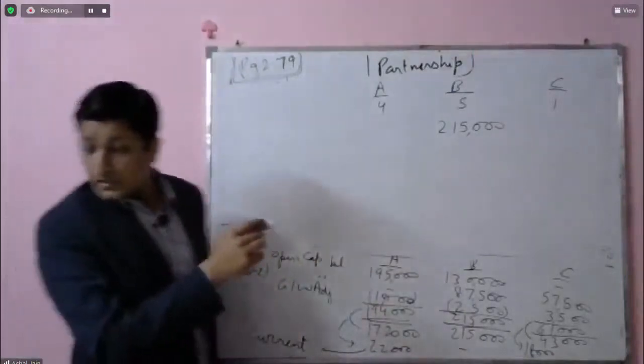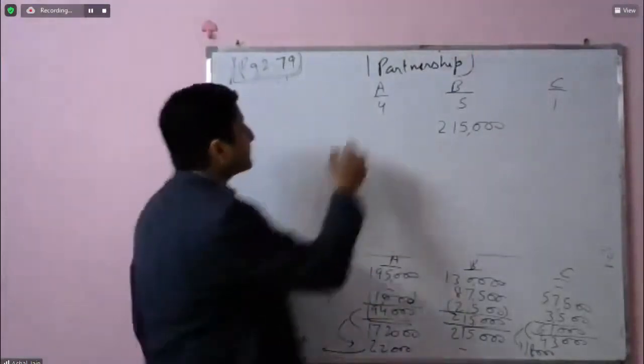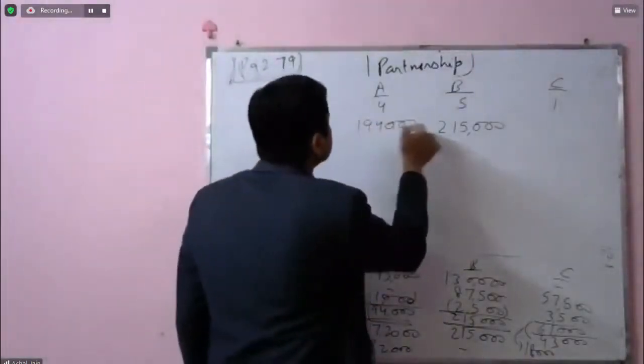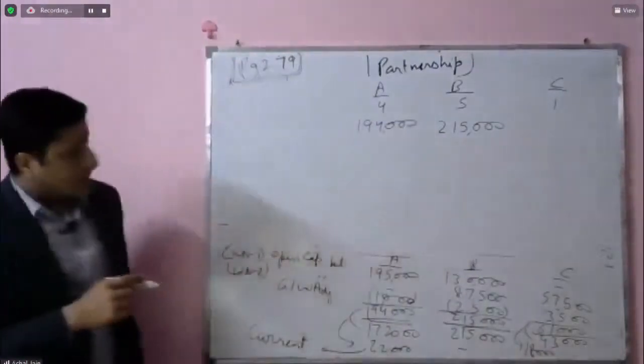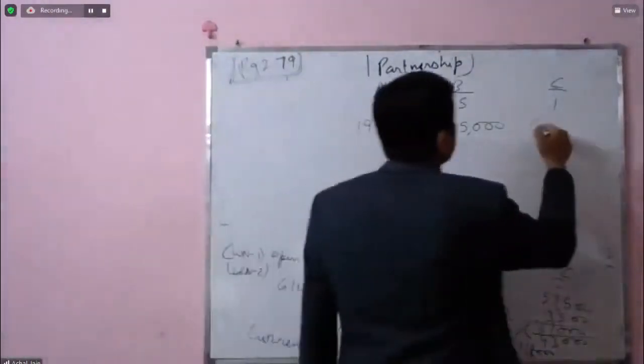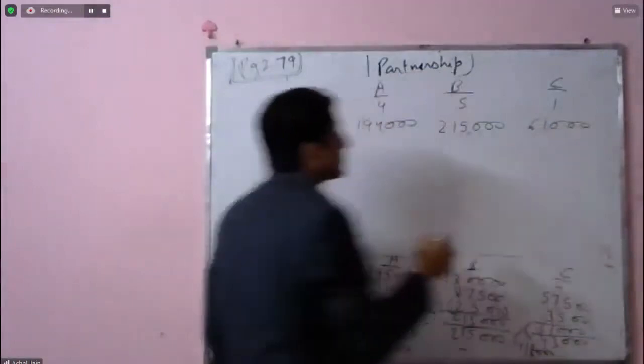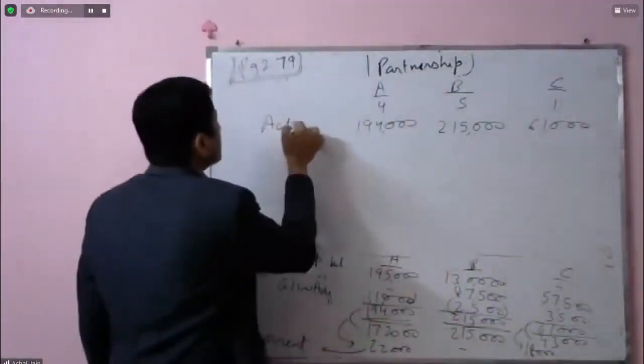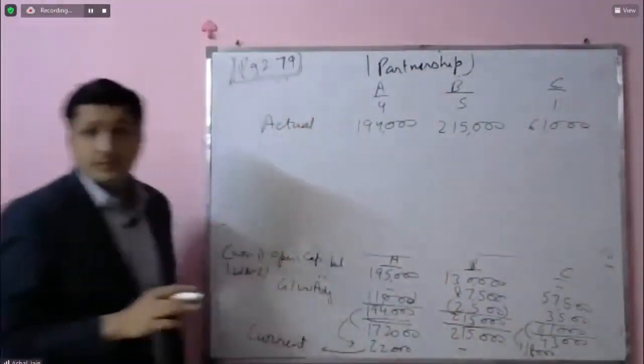Let me just write it. 194, and this is 61,000. So these are the actual capitals right now. Correct?